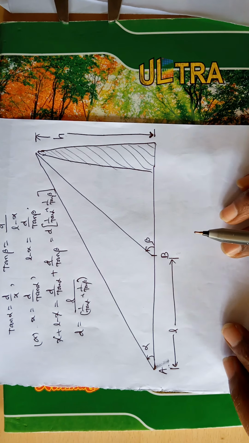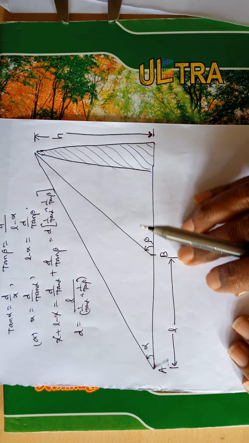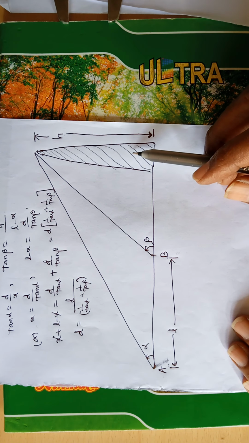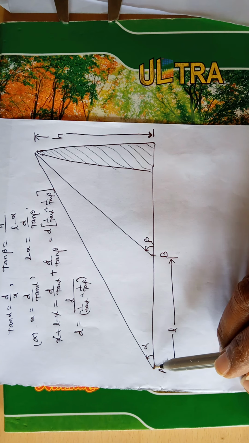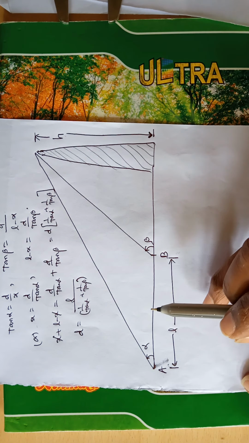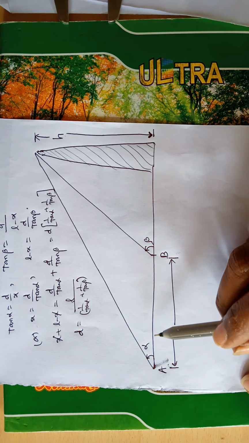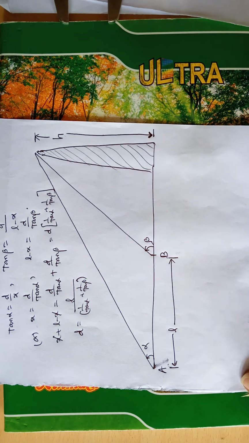One more example, you did problems in your 10th class in trigonometry. This is a high tower or mountain. At a place you will be standing and you measure alpha angle. You measure the top of the mountain. Top of the mountain is making an angle alpha at this place.